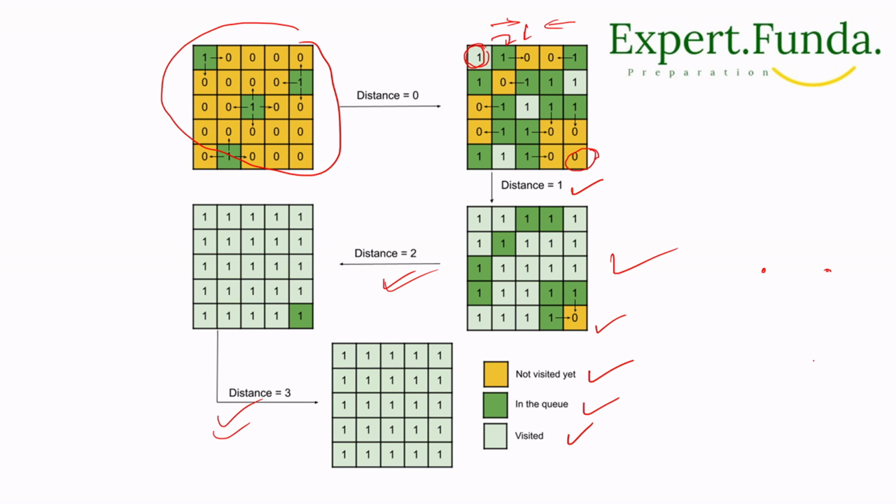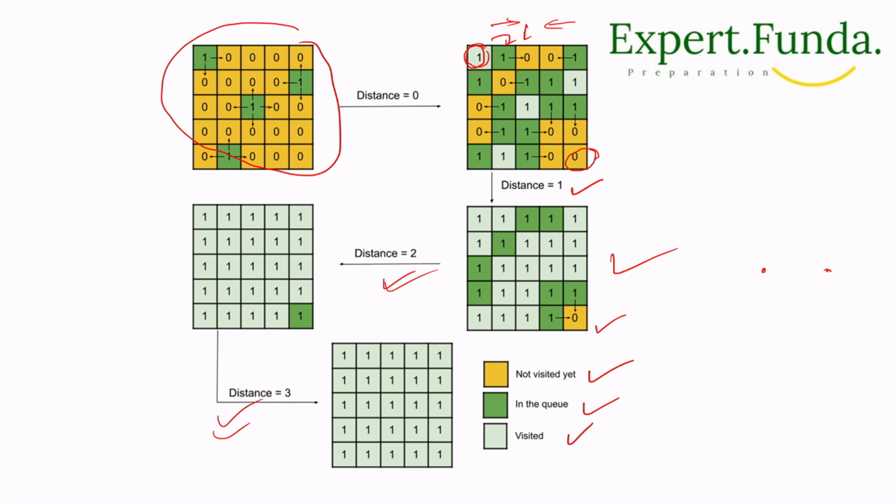So first we iterate over the matrix and insert all the land cell coordinates into the queue for the BFS. Then we perform the traversal of the elements in the queue, and once traversed, we make them visited.